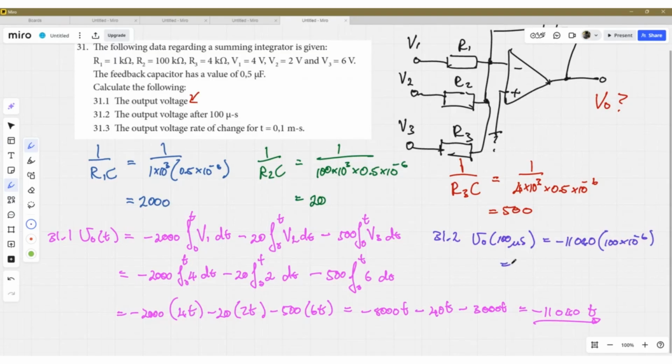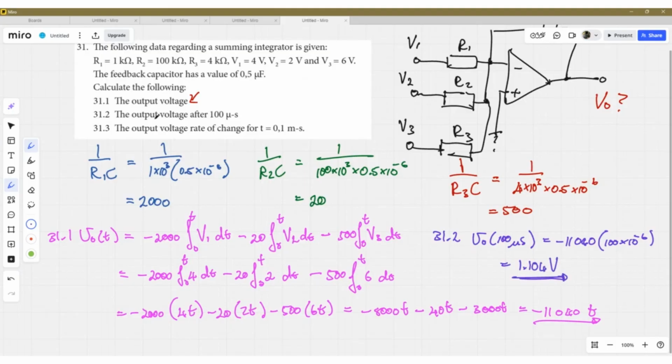Let's quickly calculate this: 11,040 multiplied by 100, divided by a million. And that's going to give you 1.104 volts at that time instance.